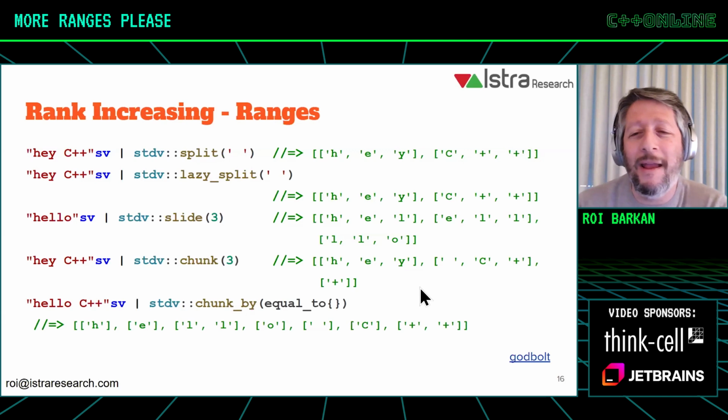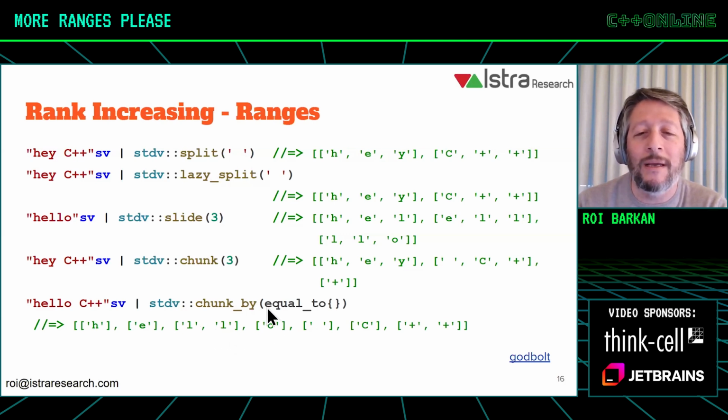And then chunk_by is a similar notion as chunk, but instead of looking for specific windows of the exact same size each, chunk_by will basically look for adjacent elements and try to see if they match some sort of predicate. And in this case, we're using equal_to. So whenever various adjacent items are equal to each other, they'll be chunked into the same sub-range.